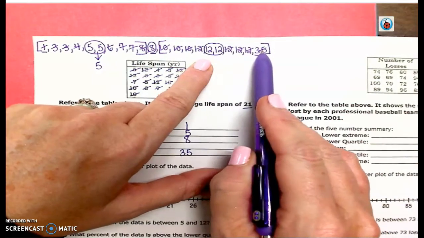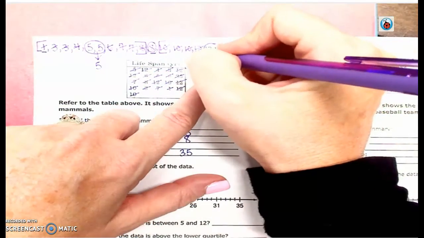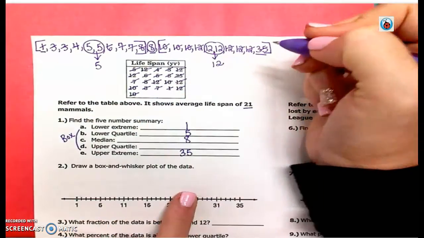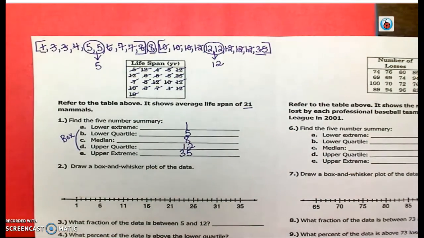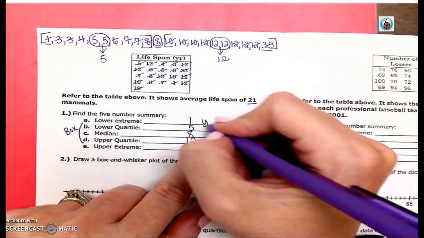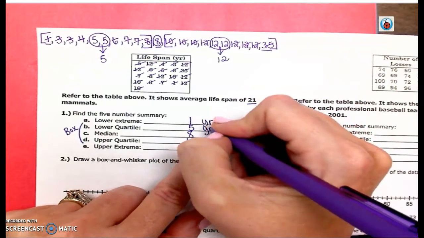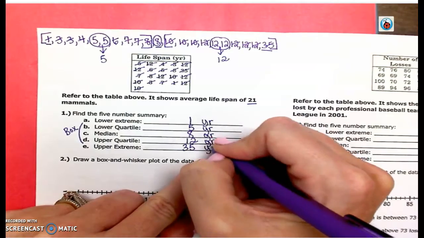There's 1, 2, 3, 4 on the right. There's 1, 2, 3, 4 on the left. So with both of them being 12, then we know that our upper quartile is going to be 12. Now this is lifespan in years, so this means 1 year, 5 years, 8 years, 12 years, 35 years.